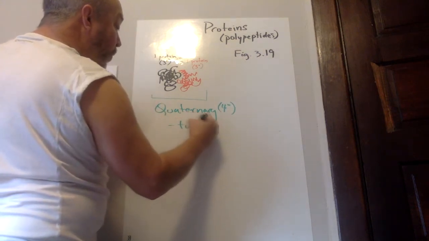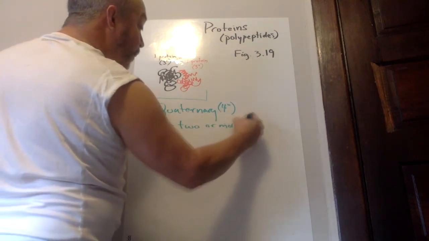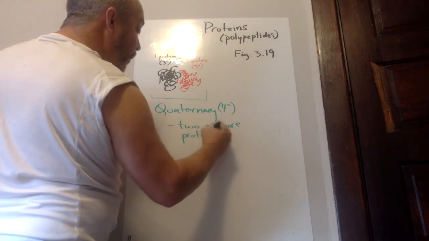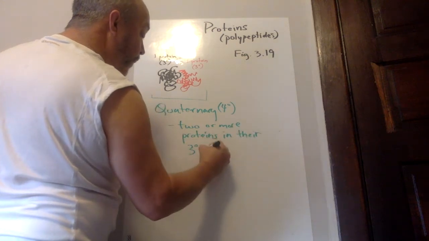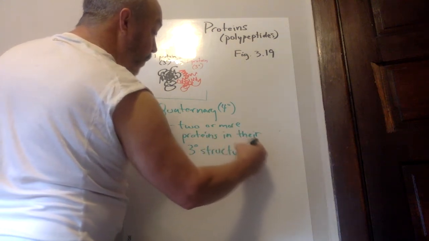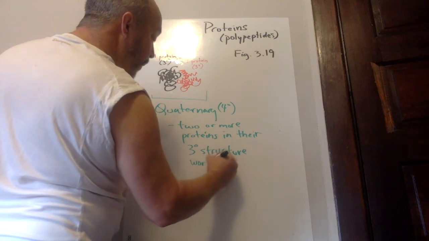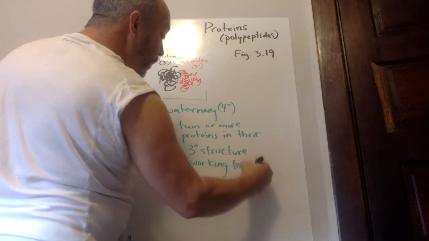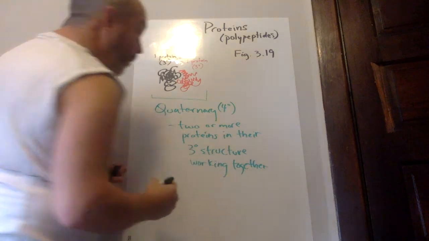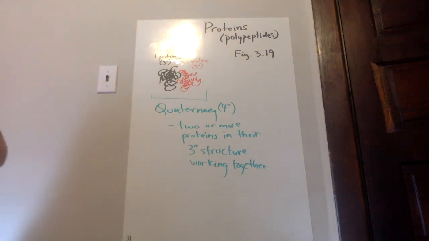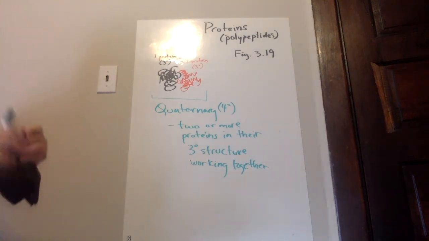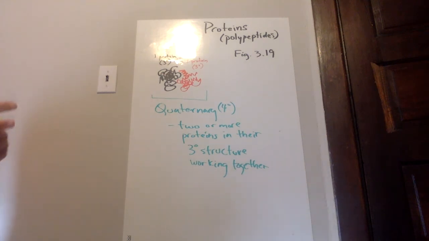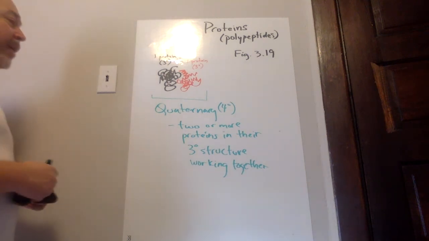This is 2 or more proteins in their tertiary structure working together. In the figure on 319, they actually show 3 proteins working together. But they are 3 independent proteins. Their combination is what makes the quaternary structure.